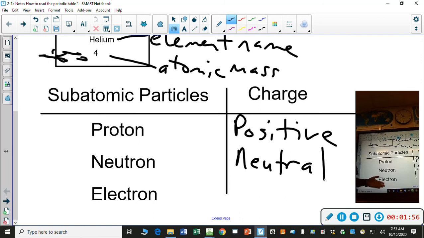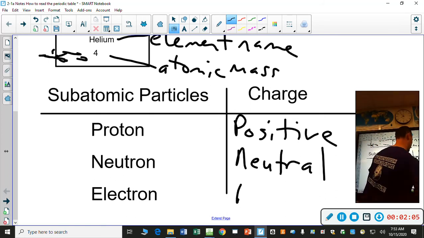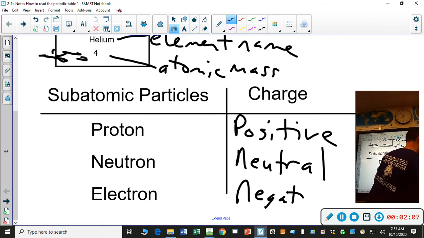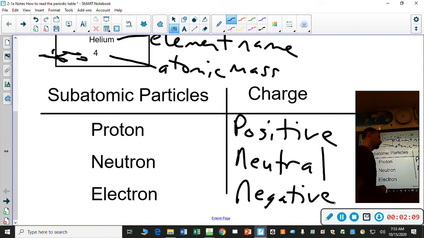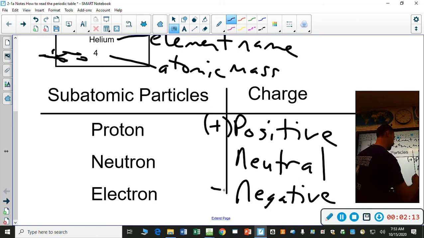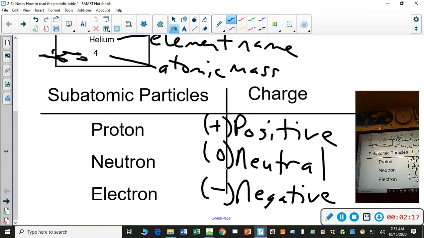It's one of those words sometimes easy to misspell, so just be careful of the spelling of neutron and neutral. And then electrons are negative. So you can think of these are going to have positives, these are going to have negatives, and usually we'll put a 0 next to neutral because it has no charge.